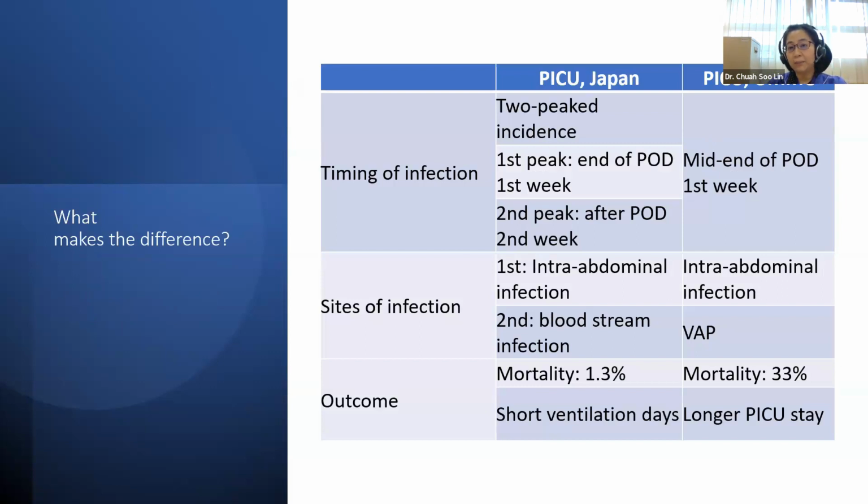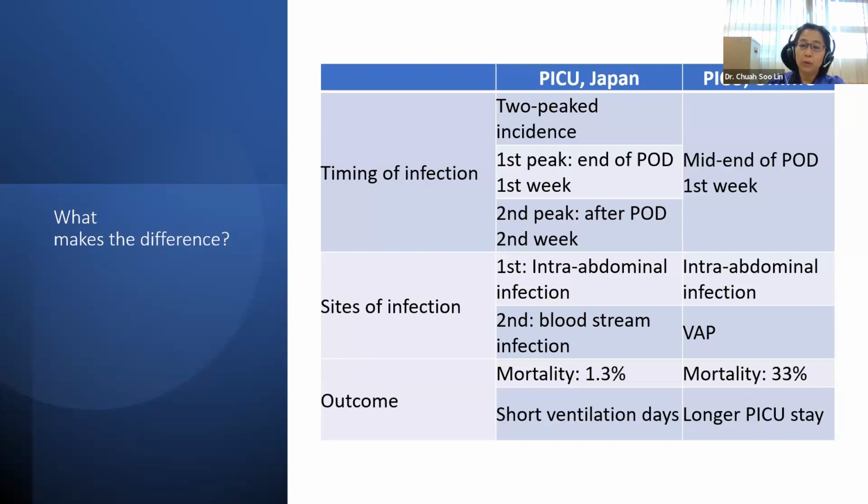In Japan, they have 2 peak infections: at the end of the first week and after the second week. In our center, infections happen much earlier, in the middle of the first week, and site infections, besides intra-abdominal infections, have the highest incidence.